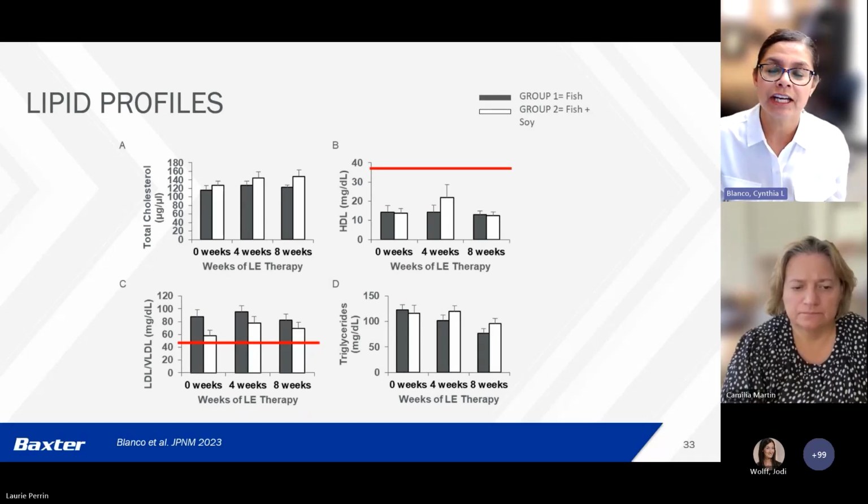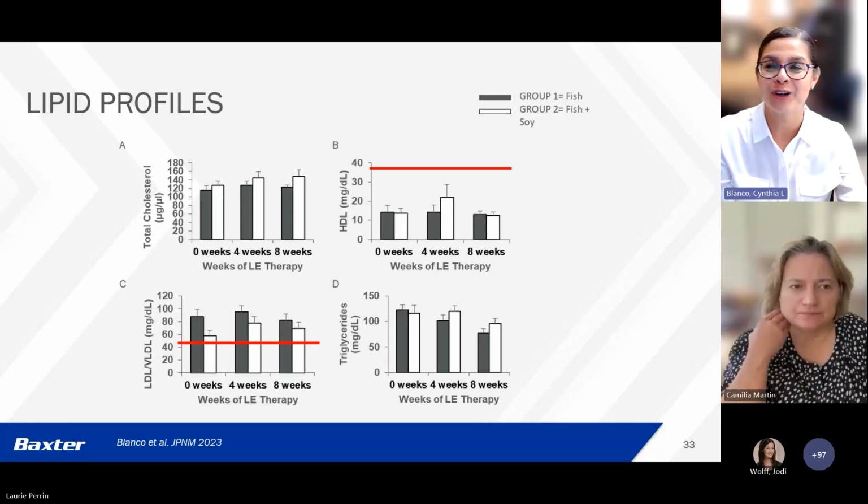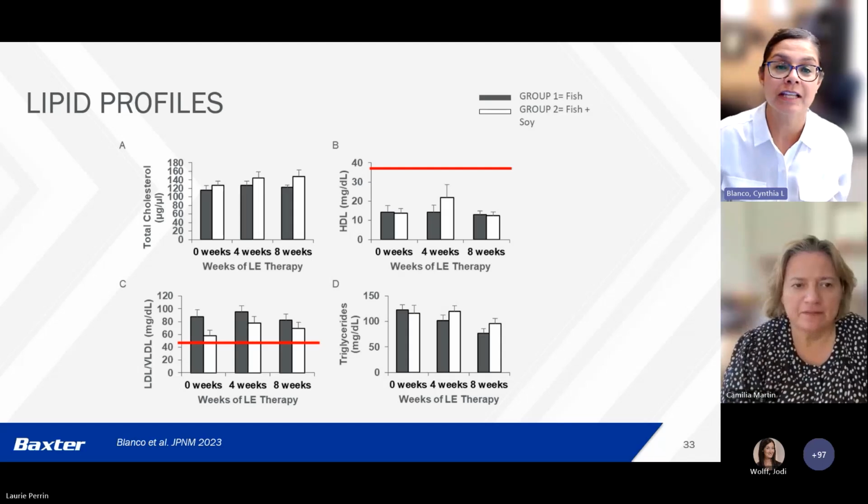But we were trying to understand if the exposures would lead to differences in cholesterol, HDL, or triglycerides in this short period of time. We did not find any differences between the groups, but we did see that the levels of HDL compared to healthy newborns were lower, and the LDL and VLDL were higher. I translated them into graphs because in the paper it's a lot of numbers, but hopefully they will serve as a baseline to look at long-term outcomes and also to do additional studies.